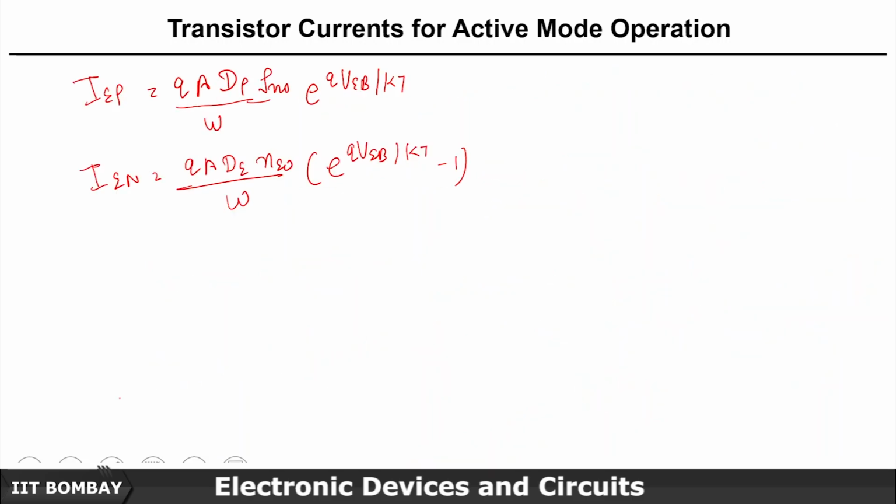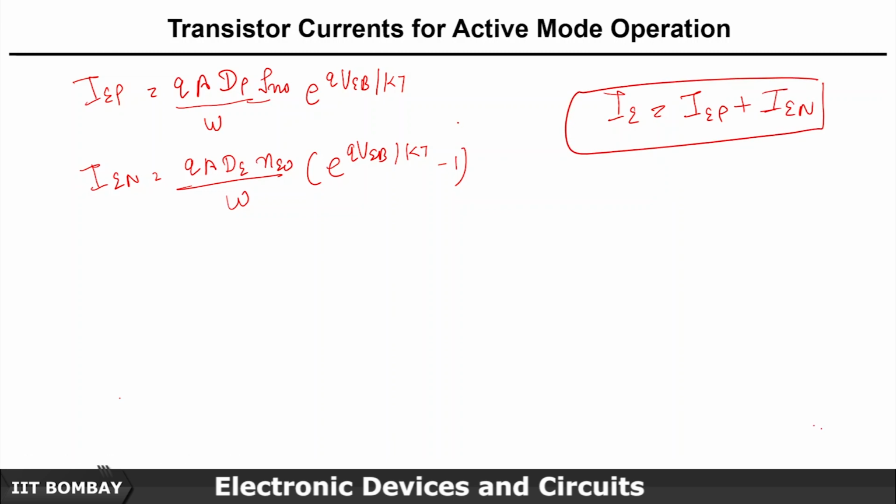Now we know that IE would be the sum of these two, IEP plus IEN. So you need to add both of them.